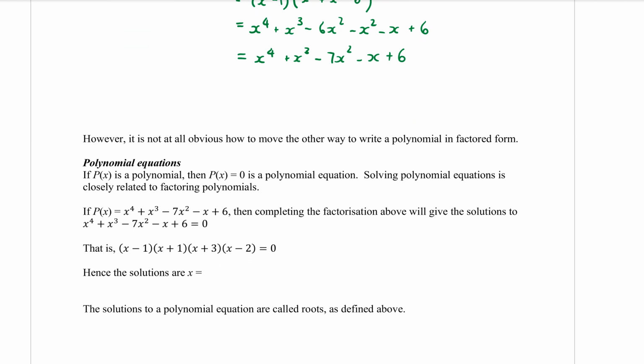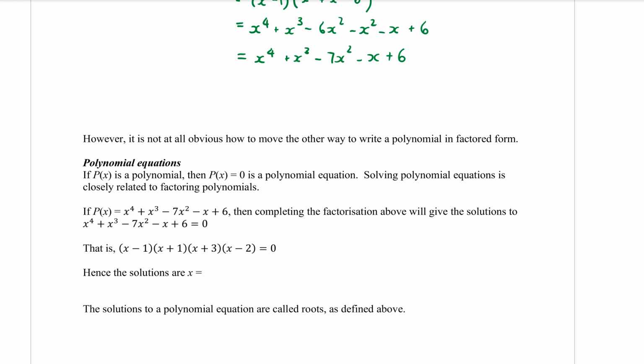Solving a polynomial equation is closely related to factoring that polynomial. We have to be able to factorize it. If p of x equals x to the power of 4 plus x cubed minus 7x squared minus x plus 6, then completing the factorization above will give the solutions to that equation. Okay, so to solve it, to find the zeros, we have to have it factorized.